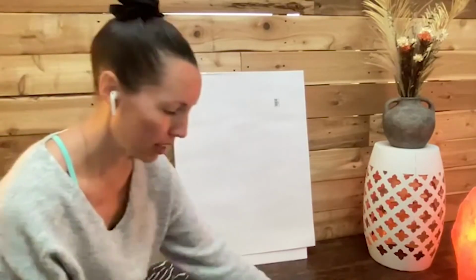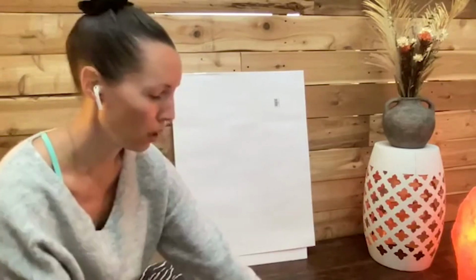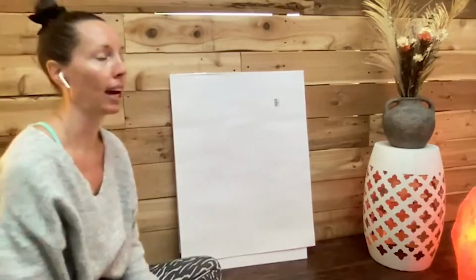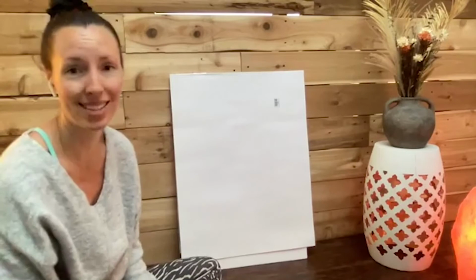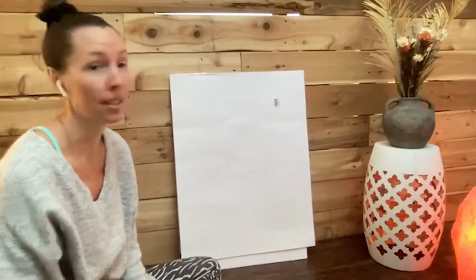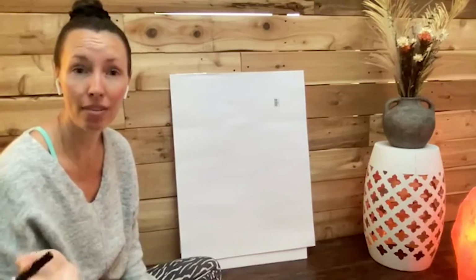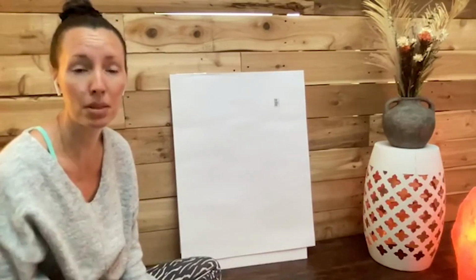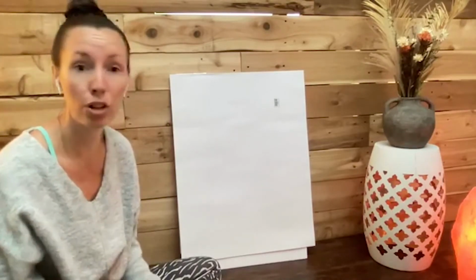Okay, and the second theme I wanted to tap into was looking at body parts as themes for a class. So, for example, this Thursday on the live bi-weekly class, I'm going to be teaching a class for the shoulders.